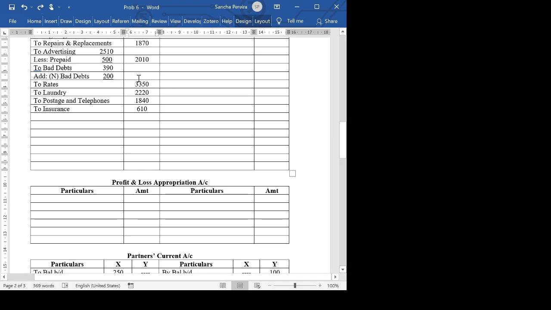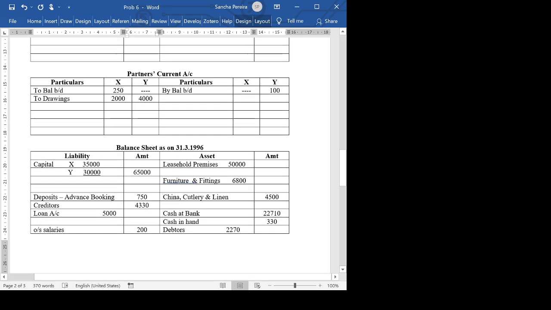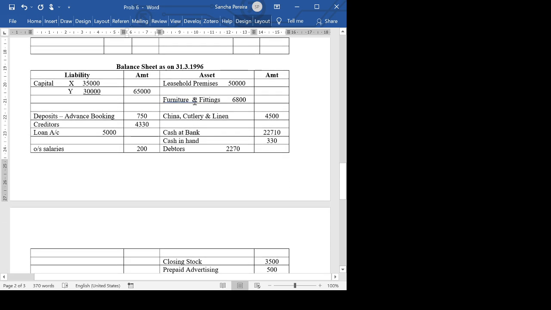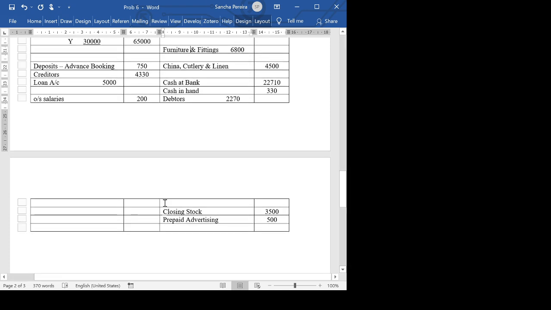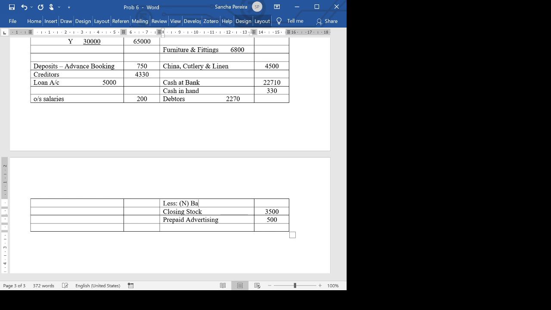We also need to minus this from debtors because 200 worth of debtors have turned bad. So less new bad debts. They're saying of the 2270 there are further bad debts, so we cannot expect 2270 to come in from the debtors. It will be less by 200. Less new bad debts 200. That comes to 2070.